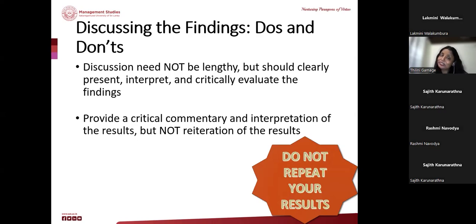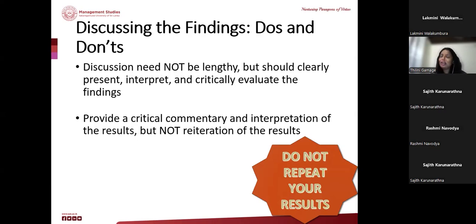And then you need to critically evaluate the findings as well. When you're critically evaluating and interpreting the findings, you have to provide a critical commentary, an interpretation of the results, but not a reiteration of the results.